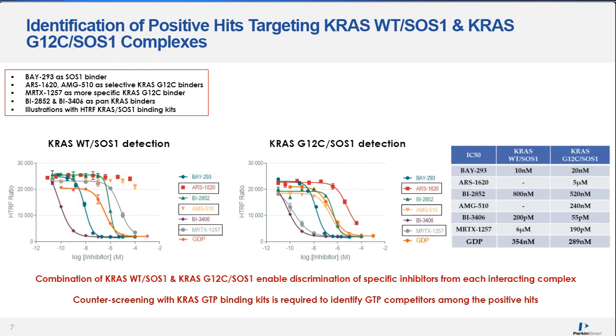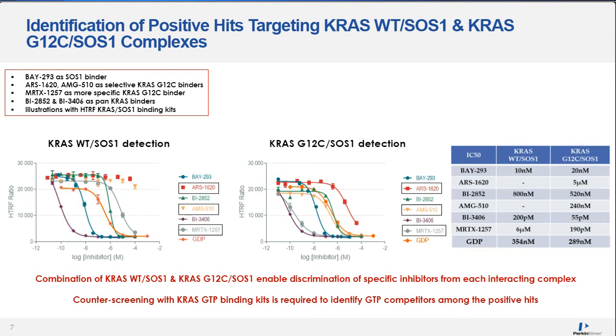Also, the results demonstrated the ability of the kits to identify inhibitors, which can be SOS1 binders, illustrated here with the BAY compound, or KRAS binders, illustrated with all the other compounds shown here.